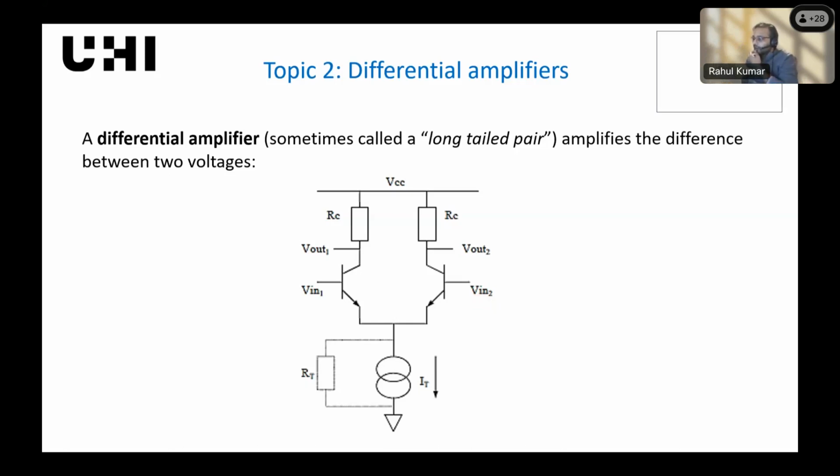Now at the bottom of this circuit, we have a constant current circuit, which could be a current mirror with a constant RT resistance. This circuit is called a long-tailed pair, and this is the tail of the circuit.